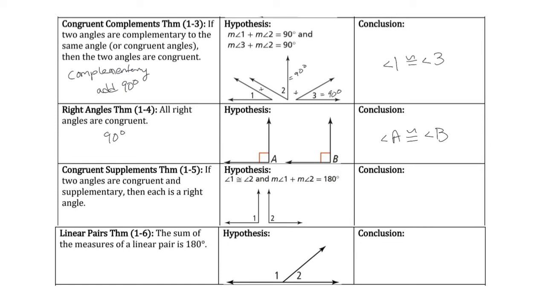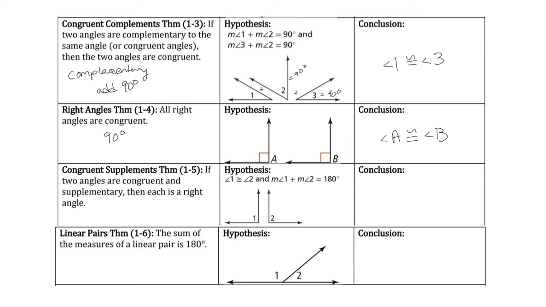Next one is the congruent supplements theorem. Okay. So this theorem tells us if two angles are congruent and supplementary, then each is a right angle. So if 1 and 2 are congruent and they're supplementary, that means they're both half of 180, then they both must be 90 degrees, or they both must be right angles.